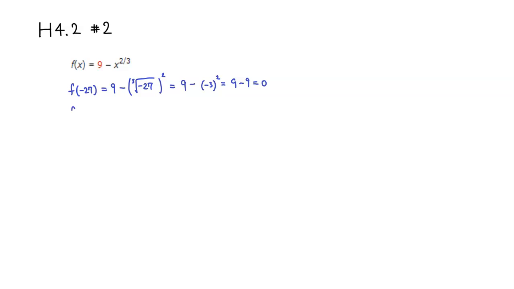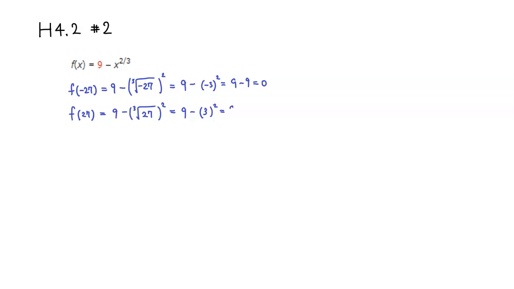How about f of 27? We can just do the same thing. 9 minus, take the cube root of positive 27 this time and raise that to the second power. So it's 9 minus, the cube root of 27 is positive 3, and you square that.